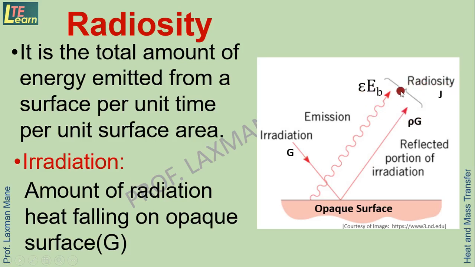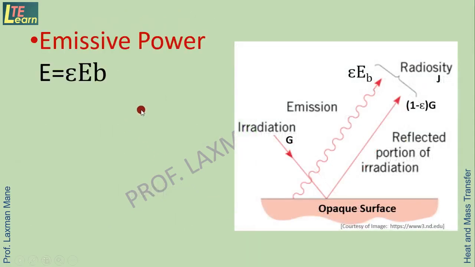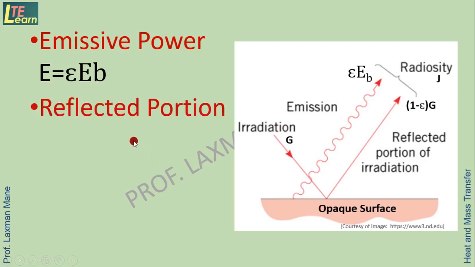So radiosity is a total of this epsilon EB plus rho G. The reflected portion is here given as (1 - epsilon) into G. Now this 1 - epsilon we use for rho.